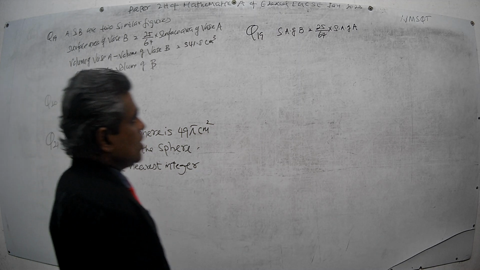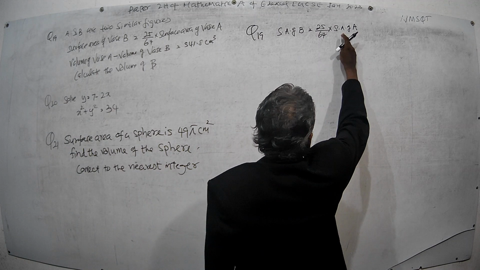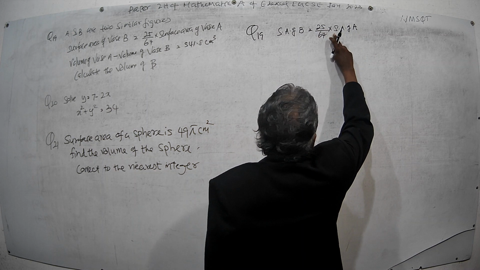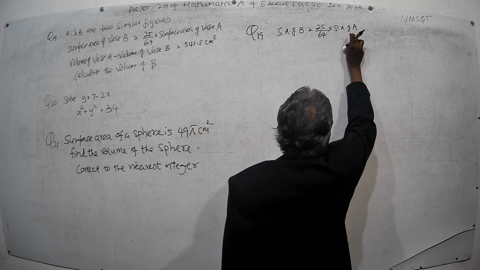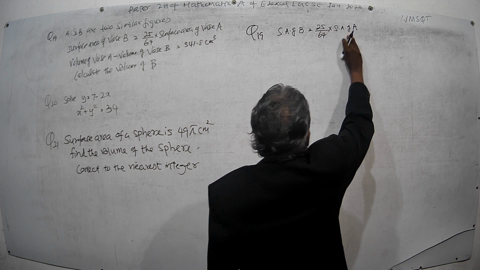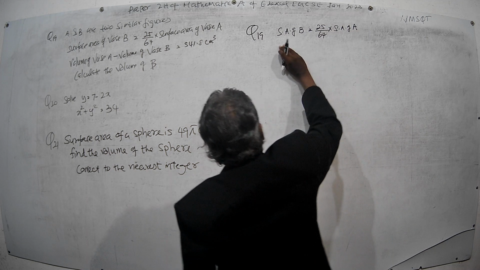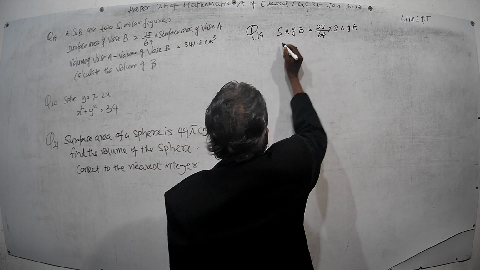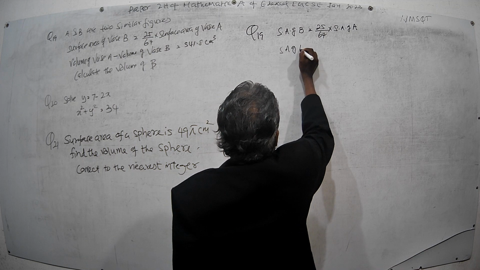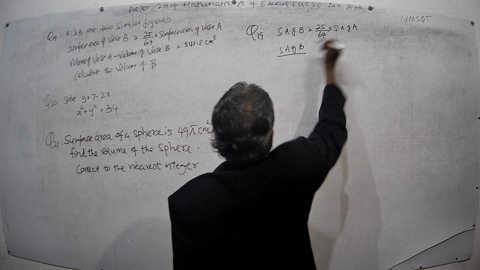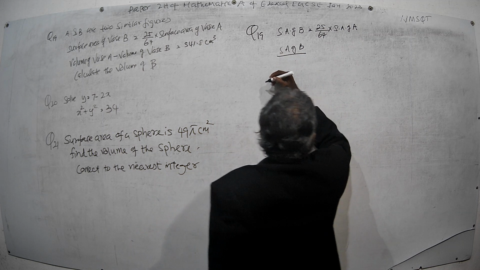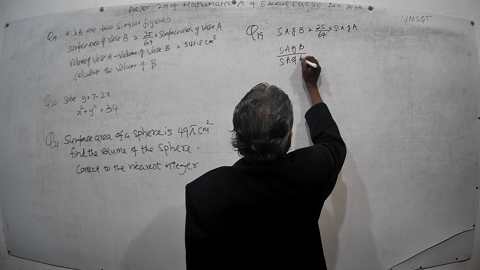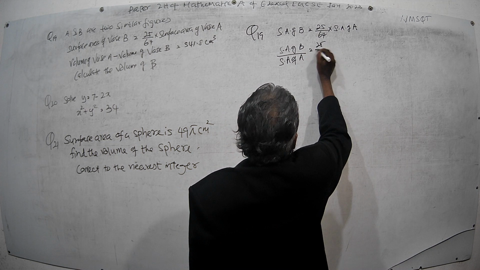Now I will take this surface area of A to this side. This side is multiplied by surface area of A. When this multiplied by surface area A goes to the other side, it becomes divided by surface area of A. Then surface area of B over surface area of A equals 25 over 64.